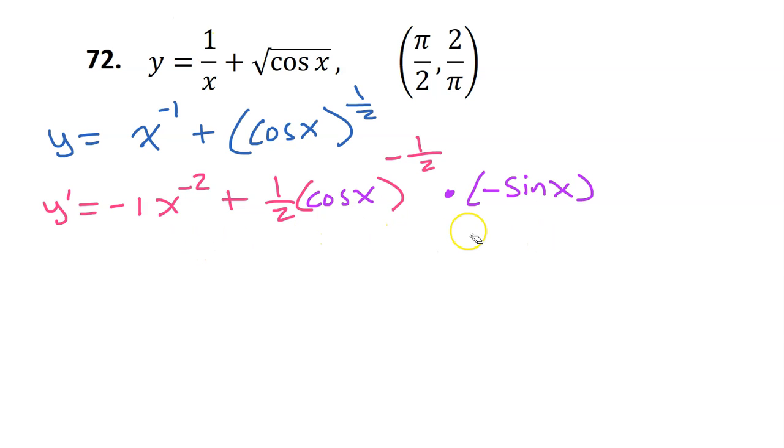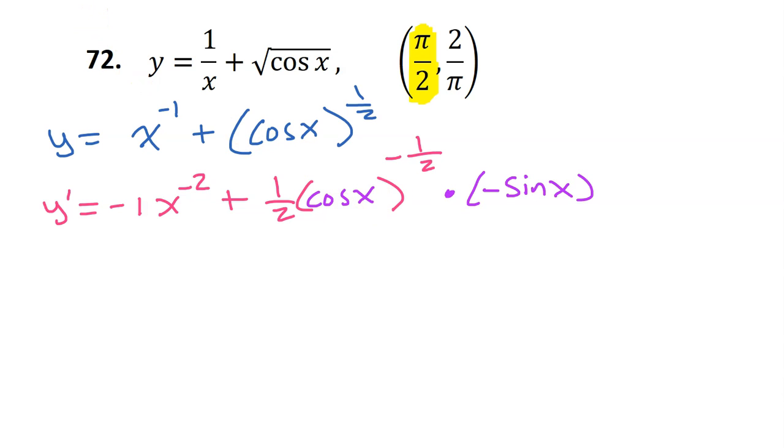So this is an expression for the derivative right now. And I might even just leave it like this until the next step. So now we are supposed to evaluate this at the point pi over 2 comma 2 over pi. But really, it's only the x value that matters. So we're going to take that x value and plug it in.